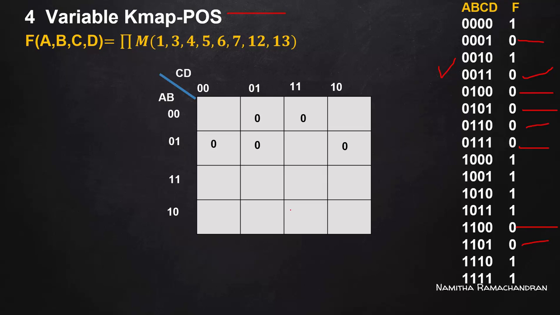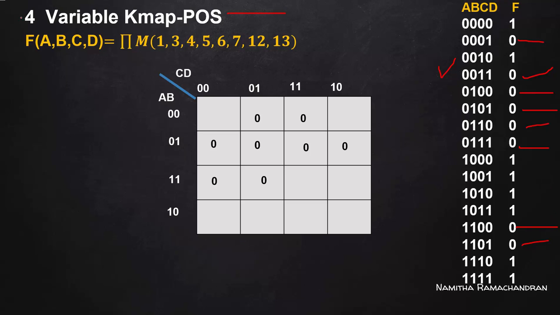Next 0, 1, 1, 1. Next 1, 1, 0, 0 and 1, 1, 0, 1 here. And all other cells by default have value 1.